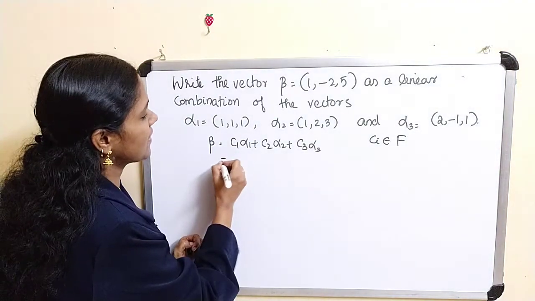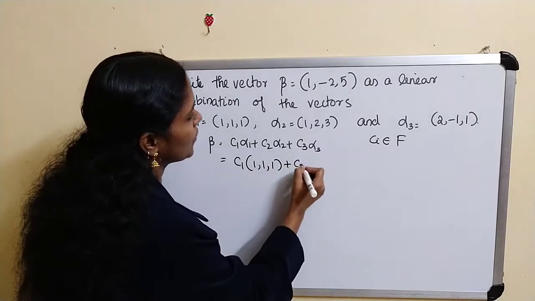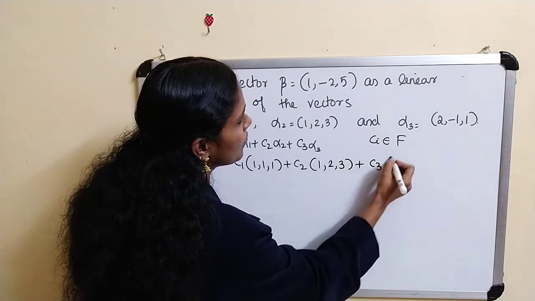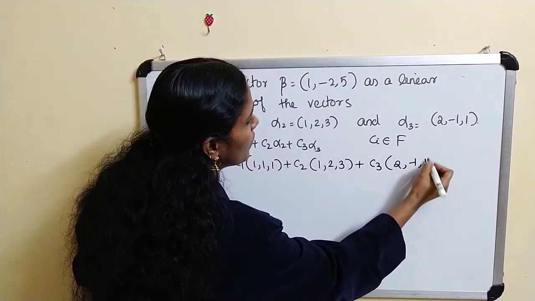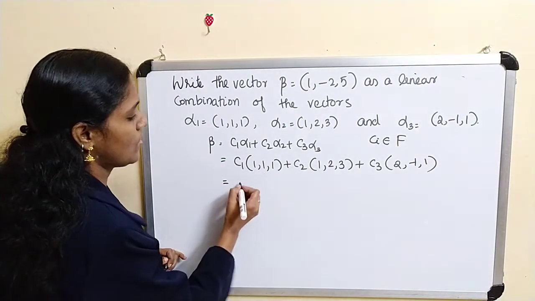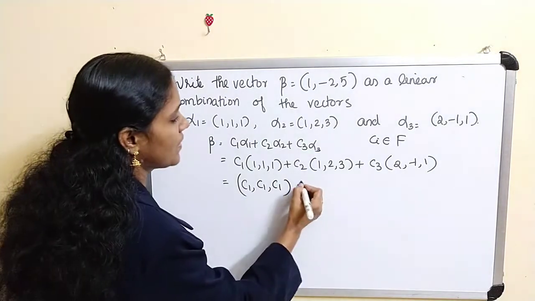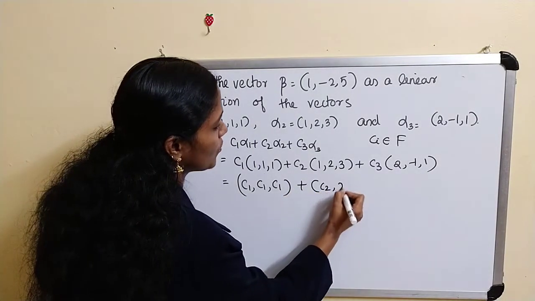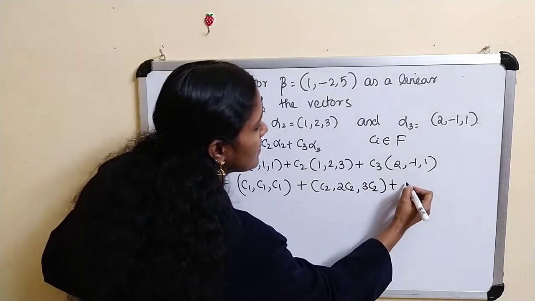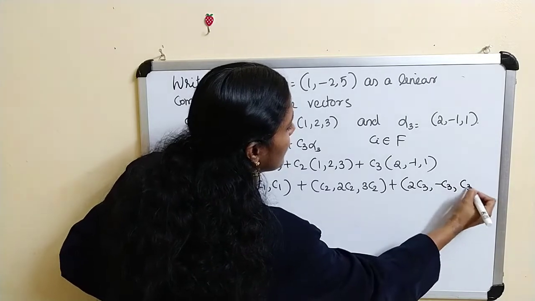So, this is equal to C1 into alpha 1, which is (1, 1, 1), plus C2 into (1, 2, 3), plus C3 into (2, -1, 1). And this is equal to (C1, C1, C1) plus (C2, 2C2, 3C2) plus (2C3, -C3, C3).